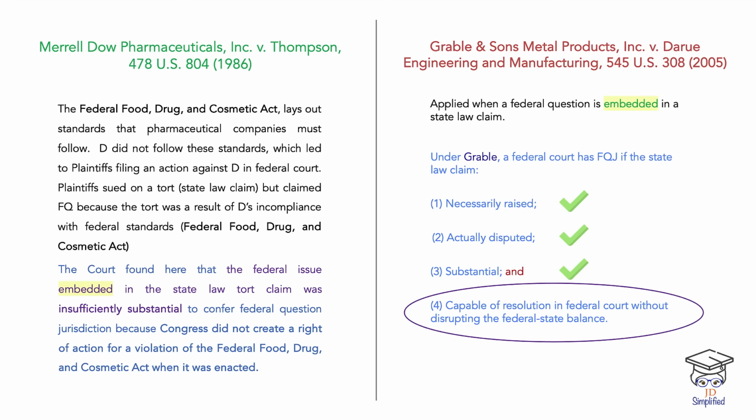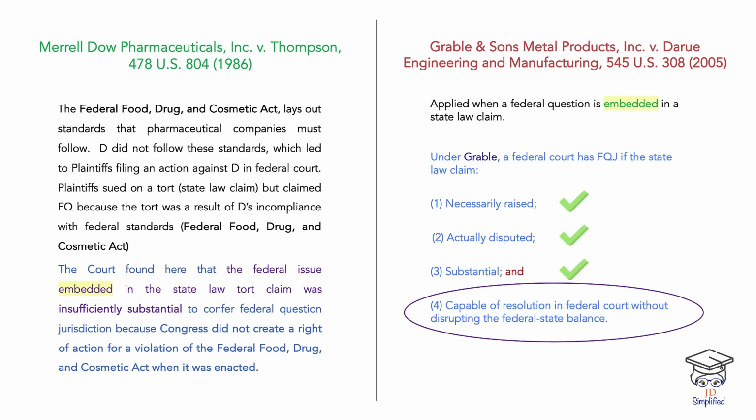By contrast, in Grable, federal question jurisdiction was proper despite the absence of a federal right of action because a state-law quiet title action that involves contested issues of federal tax law is not garden variety. It's not common, not like negligence. And who better to decide what a federal tax law means or implicates than a federal court?